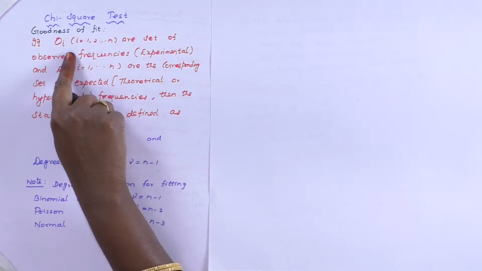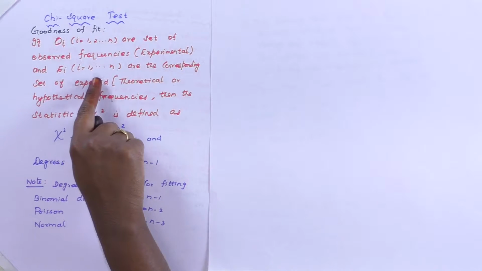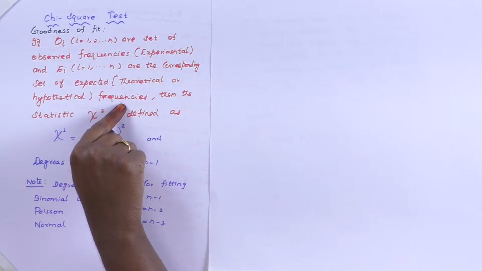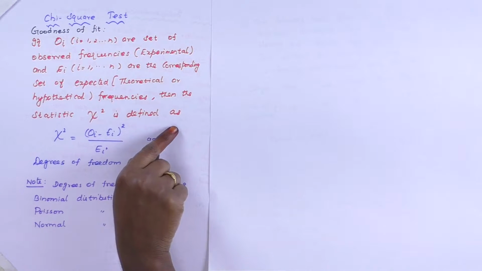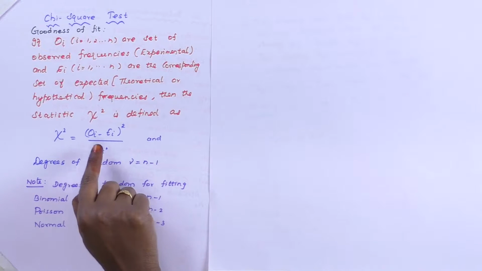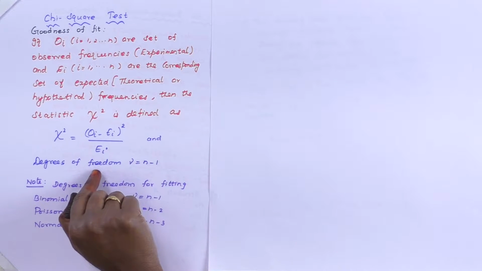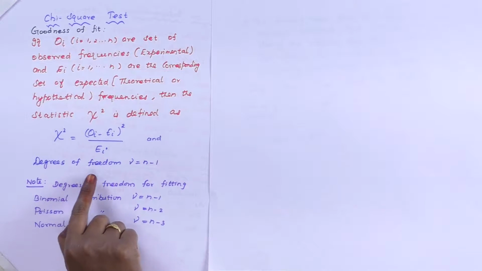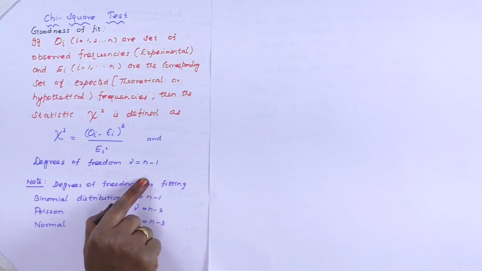If Oi represents the observed frequencies with n values and Ei represents the expected frequencies, which may be theoretical or hypothetical, where i varies from 1 to n, then the chi-square statistic is defined as chi-square equals the sum of (Oi minus Ei) the whole squared divided by Ei. That is, observed frequency minus expected frequency, the whole squared, divided by expected frequency. The degrees of freedom for chi-square under goodness of fit is n minus 1 for one sample.